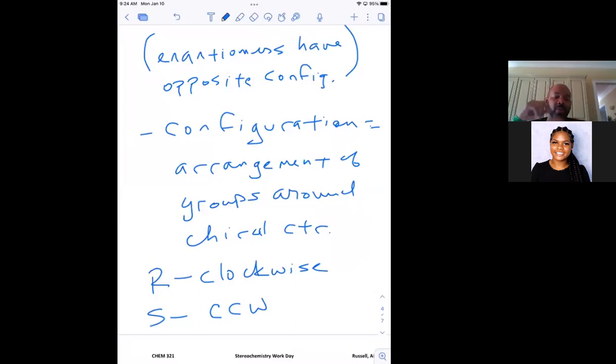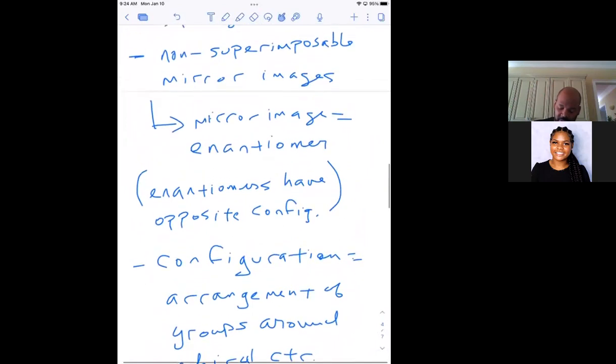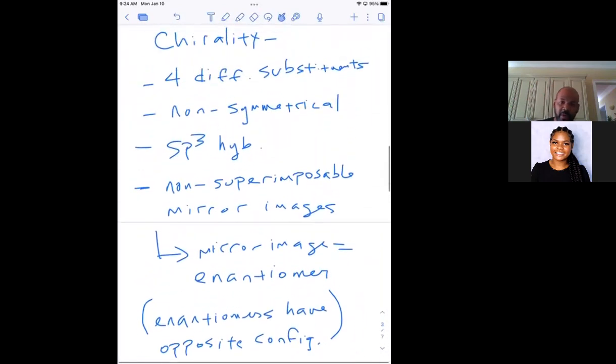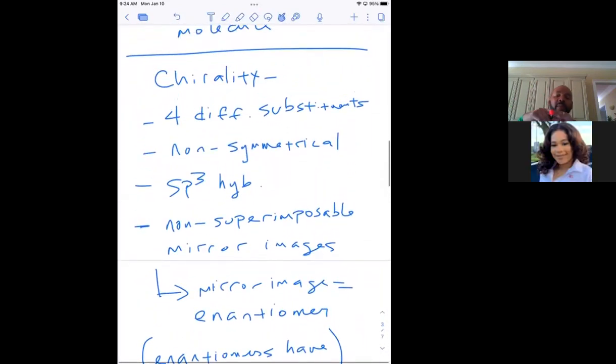What does that mean? When we go back and talk about hybridization, how can we tell if something is sp3 hybridized? What did we learn in part 1 that tells us that? Is it how many atoms are attached to the molecule? Yes. So how many groups are attached to an atom that's sp3 hybridized?